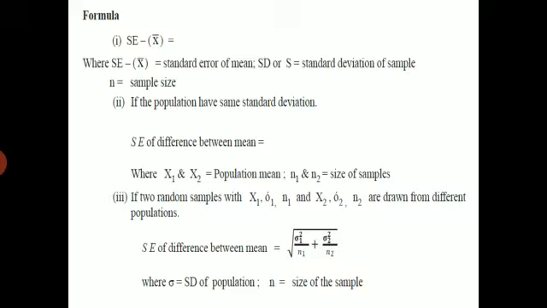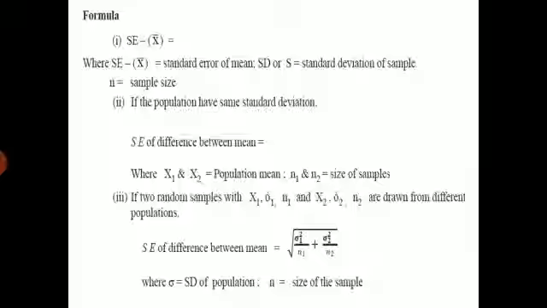SE of x bar, the standard error of the mean, is SD divided by square root of n, where SD or S is the standard deviation of the sample and n is the sample size. If the populations have the same standard deviation, the SE of the difference between the means involves x1 and x2, the population means, and n1 and n2, the sizes of the samples.